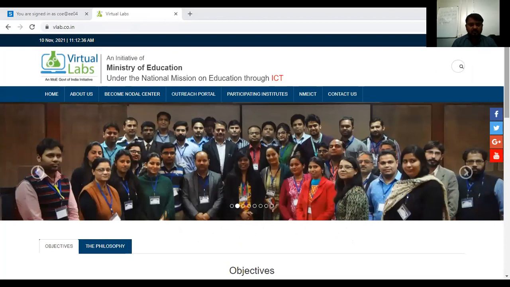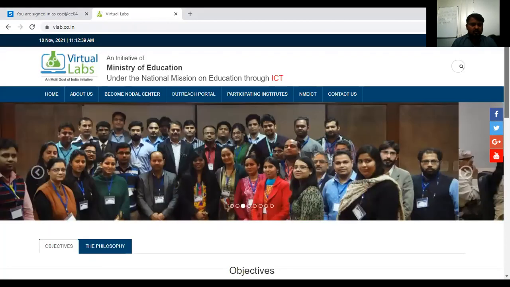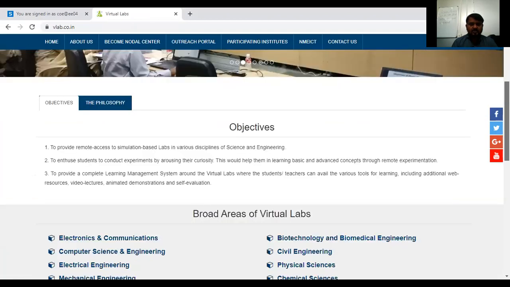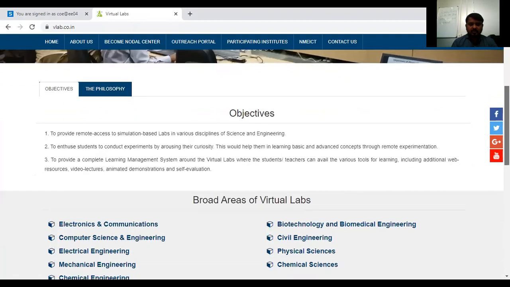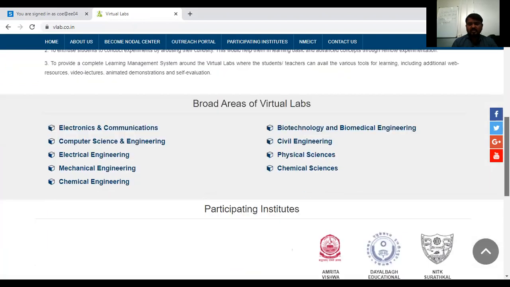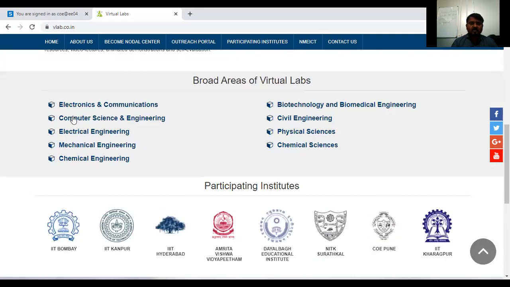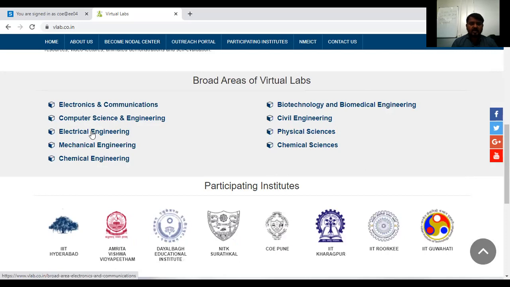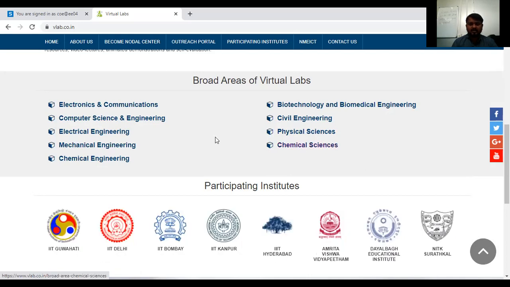You can read all this, or directly scroll down to see the objectives and the broad areas of virtual labs: electronics and communications, computer science and engineering, electrical engineering, mechanical engineering, chemical engineering, biotechnology, civil, physical science, chemical. We will get all of them.